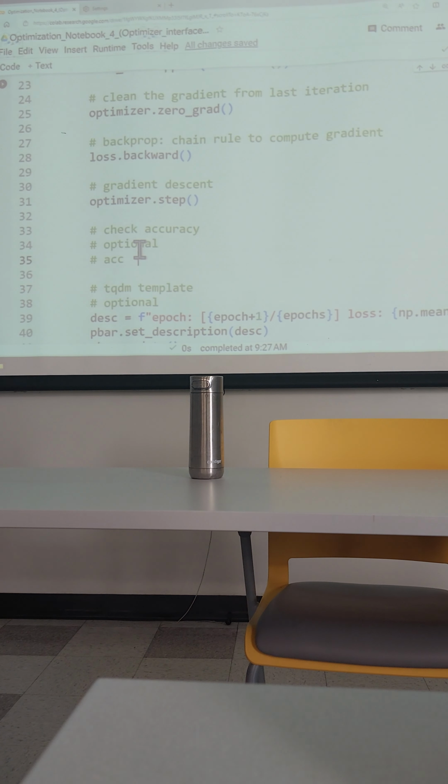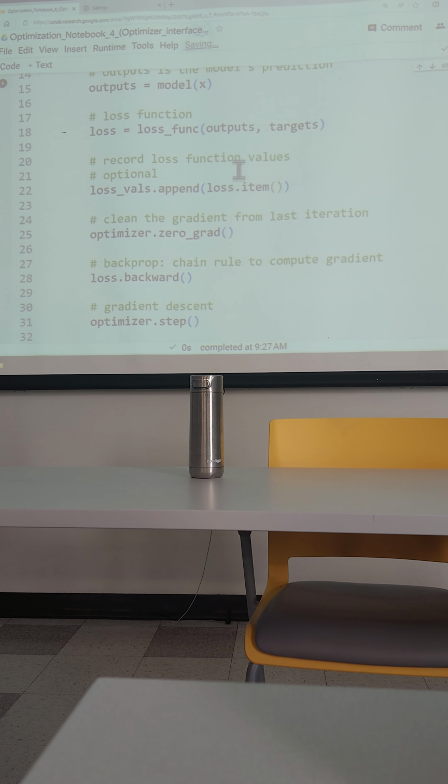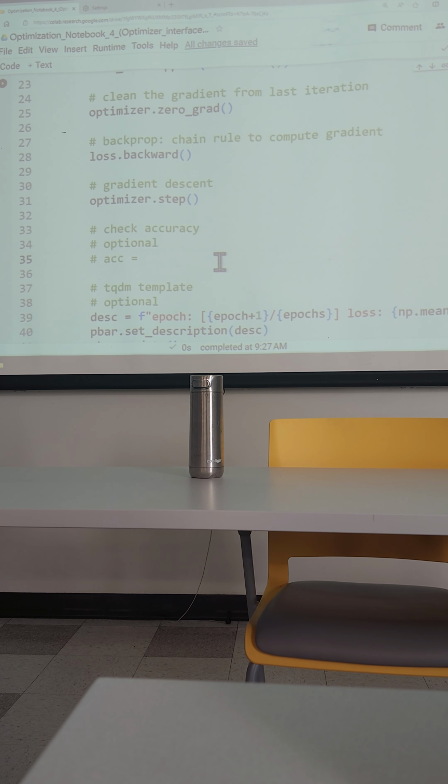Basically, we create an array of whether it agrees with our prediction. For example, if it does, the accuracy is 1. If it's not, it's 0.